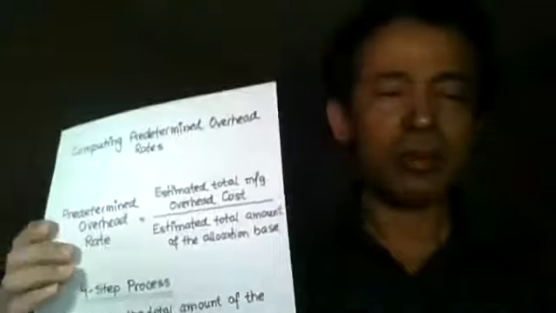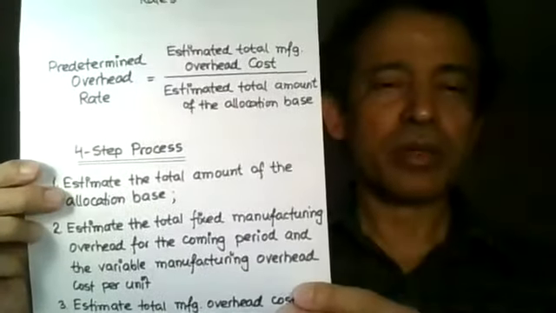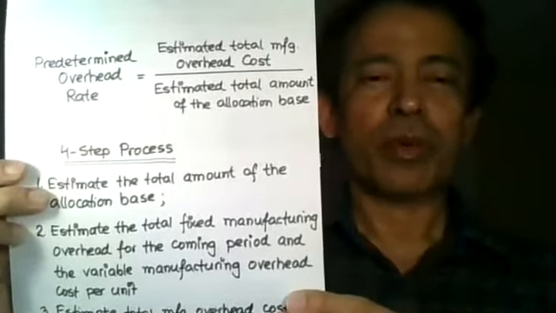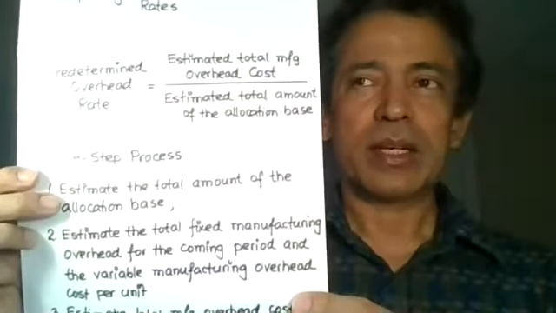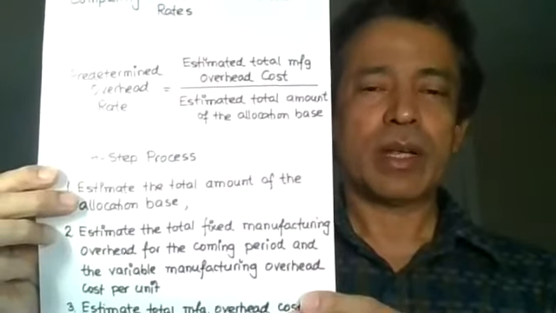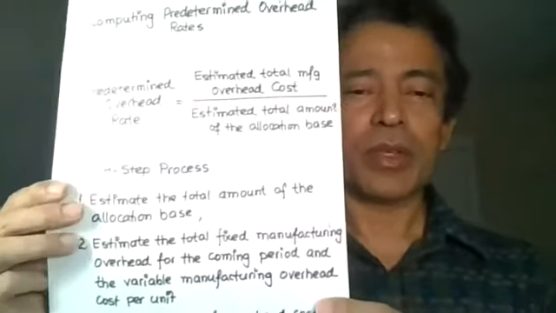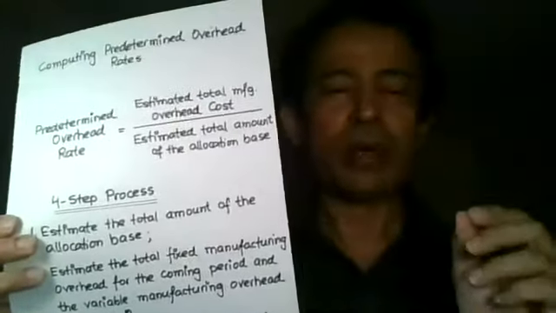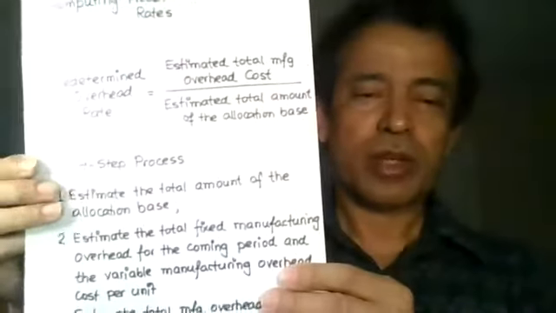So the allocation base could be total number of hours, number of labor hours, number of machine hours, or number of units. So we have to estimate that, like how many hours we're going to be working during the year. So let's say we have 10,000 hours. To do all the jobs, we have 1,000 people, and each of them work like 10 hours a year, or 10 hours a day, or say 8 hours a day. So in any possible way, you find out how many hours your machine is going to work, or how many hours your labor is going to work throughout the year.